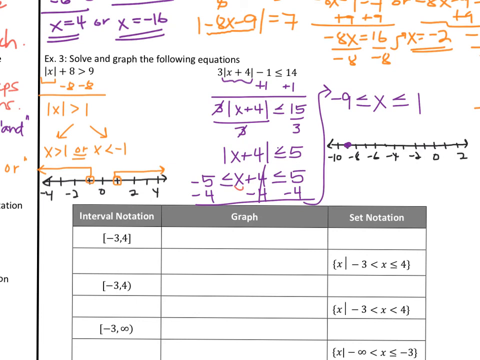The boundary on the right is +1, and x can be less than or equal to that. We'll use another closed circle. Since x is anywhere in between, instead of drawing arrows, we're just going to connect up and over. As long as x is somewhere in between those values, our original inequality will be a true statement.